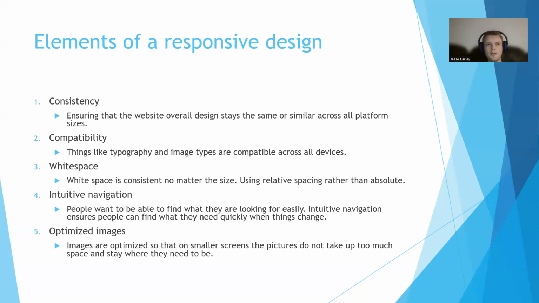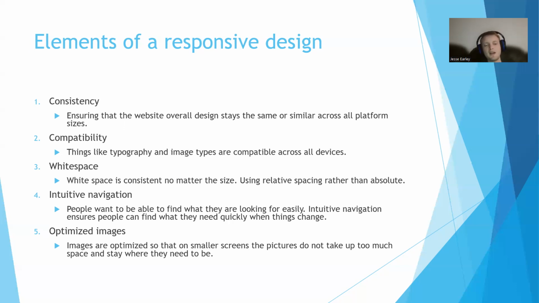So you want to try to make it responsive and do minimal work. You want to use relative spacing like rem or em, and that can help keep your white space consistent.